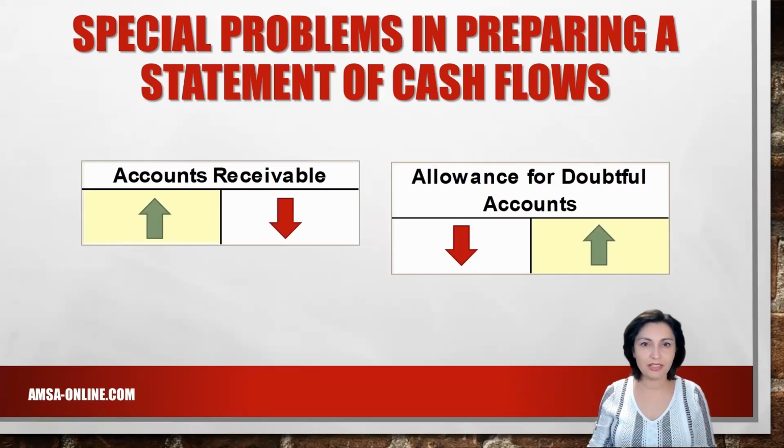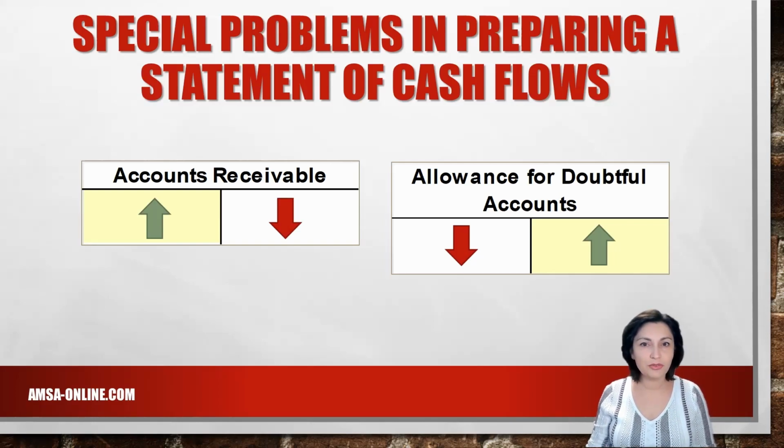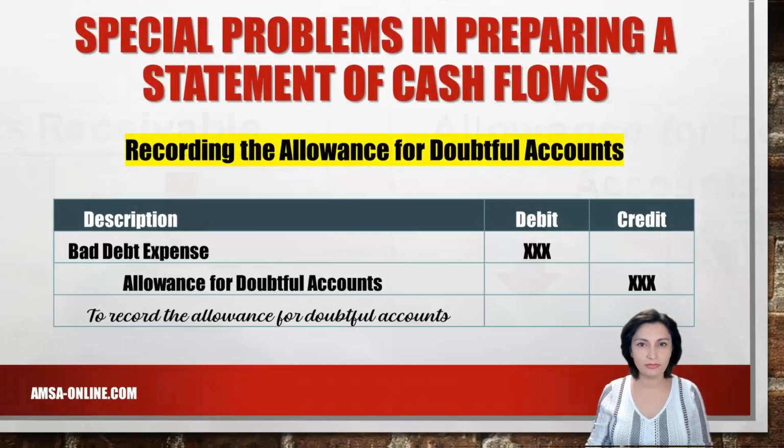Accounts receivable is an asset account. It is increased by debit and decreased by credit. Allowance for doubtful accounts is a contra asset account, and the rules of debit and credit for this account are the opposite. It is increased by credit and decreased by debit.